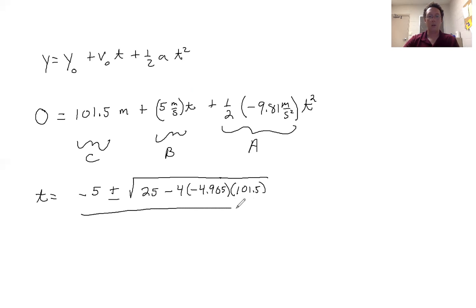All divided by 2 times a, but that's just negative 9.81.